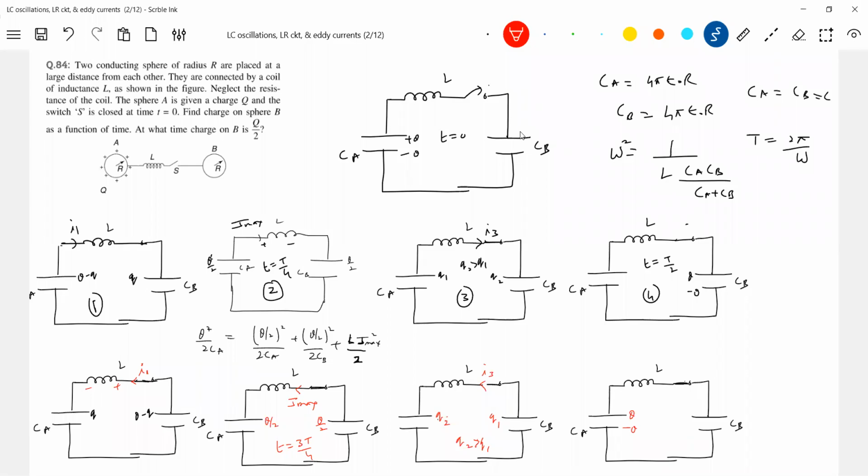So this is the initial state, and this is after time t equal to capital T. Able to make it out? There's one sequence in every problem. Please work out like this, because for any conceptual question, no mathematics is needed here to help you. What happens in one oscillation? Let him ask anything, you can manage everything.